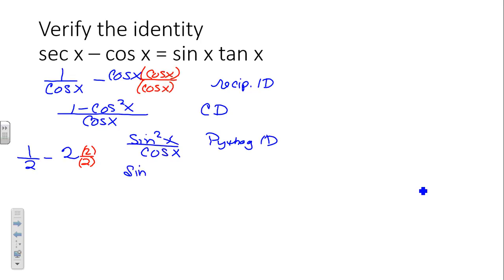Good. We have a sine of x and then a sine of x over a cosine of x, which is the same thing as tangent x times that sine of x. So we basically split and then used a reciprocal identity, quotient identity. Make sense? You're quick learners.